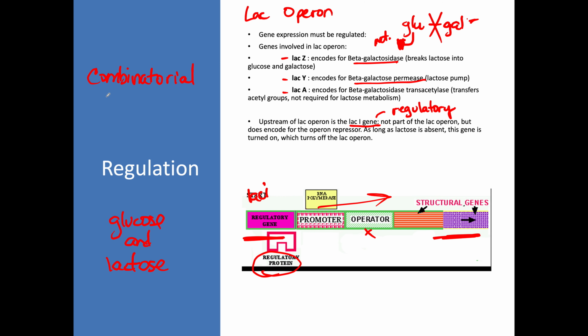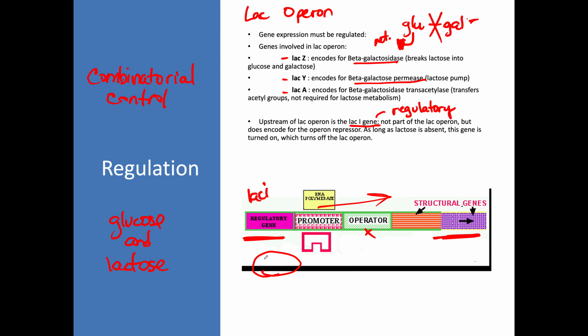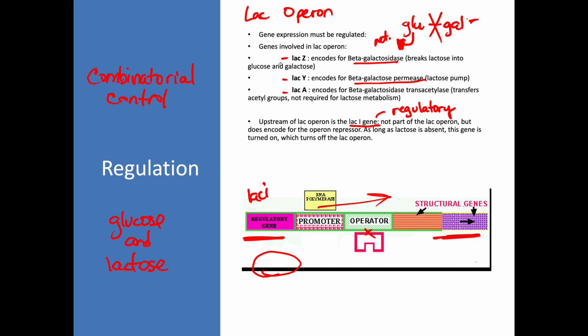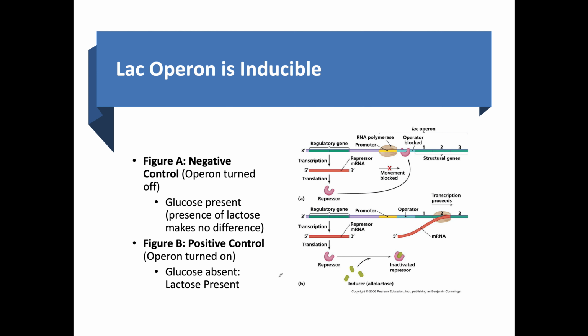It's a combination of 2 processes that will determine whether or not the lac operon is actually produced to produce these 3 proteins. So this is why the lac operon is called an inducible operon. It is environmentally dependent. It totally depends on whether lactose and glucose are present in the cell.